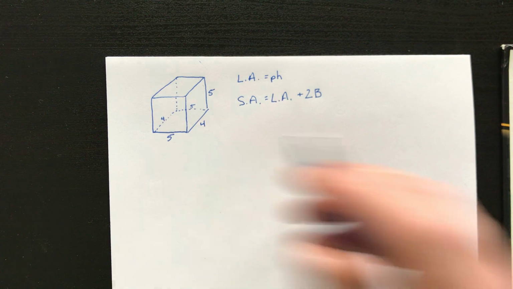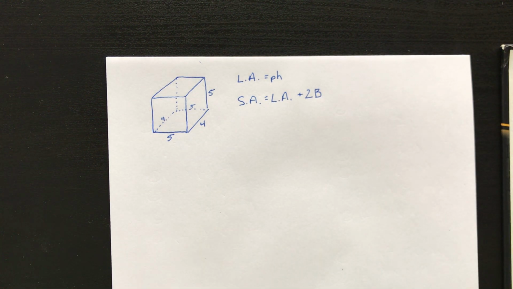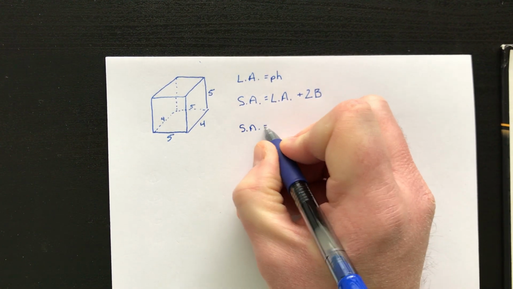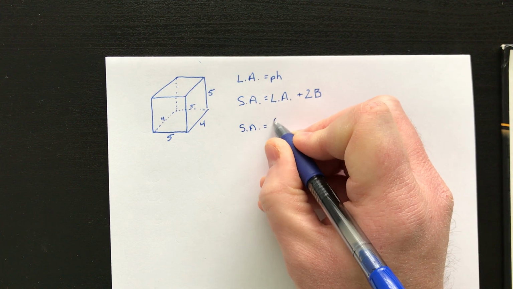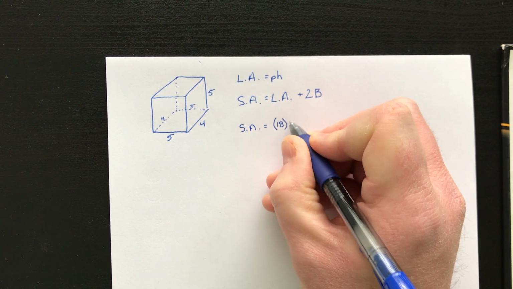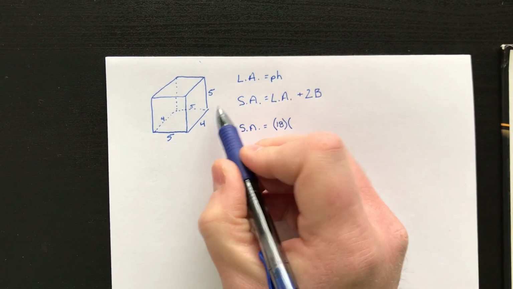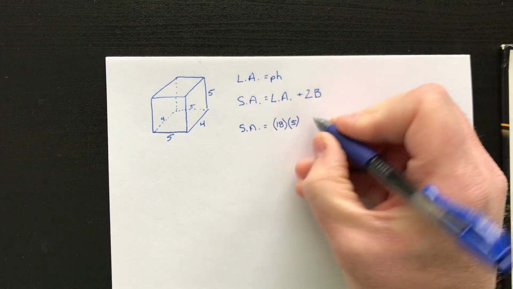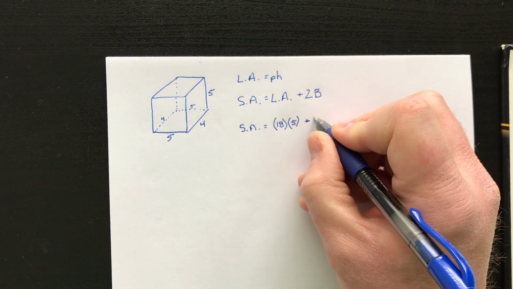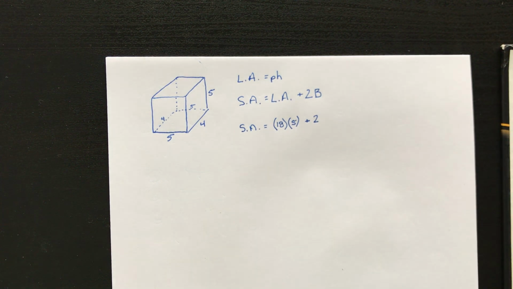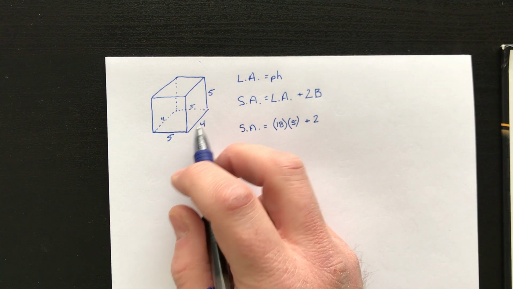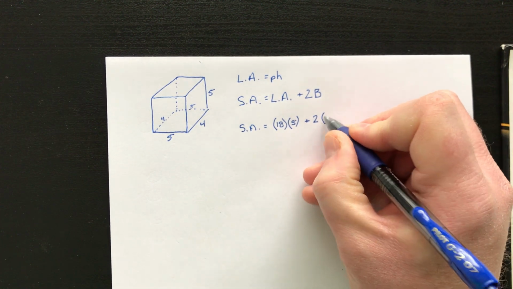So we know that the perimeter is going to be 18. Lateral area is perimeter, which is 18, times the height. The height is 5. And we need to add 2 times the area of the bases. Remember, the area of a rectangle is just base times height, so 5 times 4 is 20.